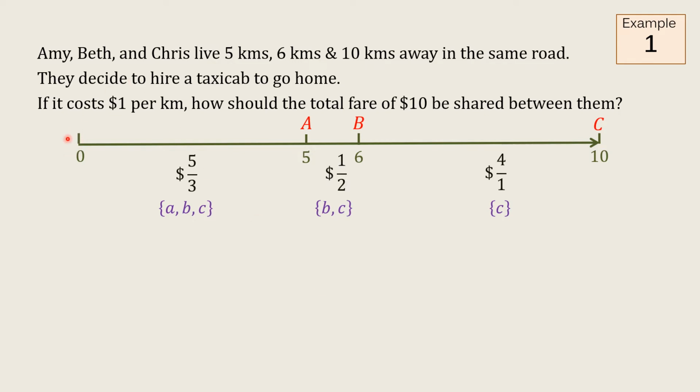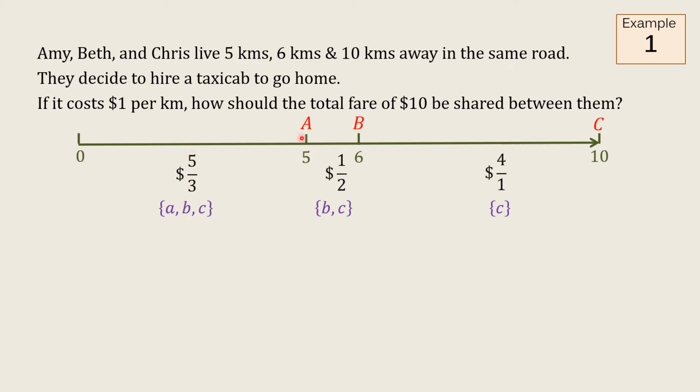So from the origin to point a, all three agents are in the cab, and since the total distance is 5, the fare is $5 until point a. Since all three agents were in the taxi, it's only fair that each of them divide the total fare of 5 equally amongst themselves.